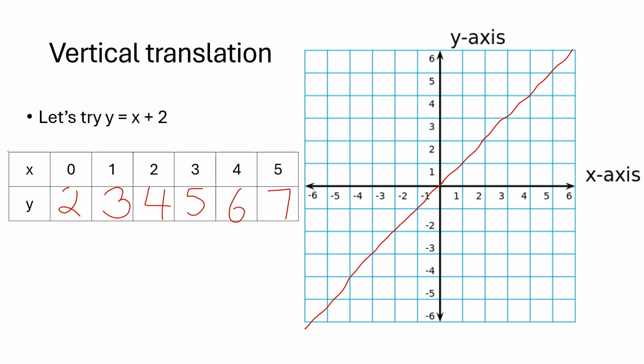Now, if we graph this, what we will see is that it is exactly parallel to our previous graph, but it has been moved up 2 places. It is now up 2 positions.